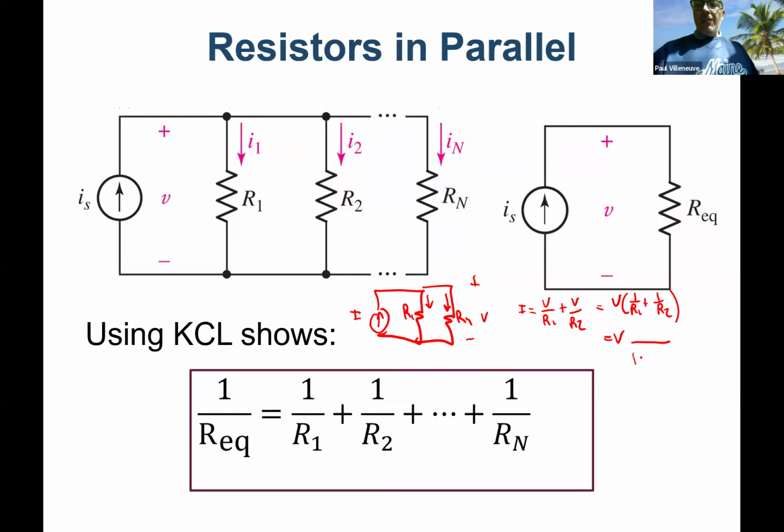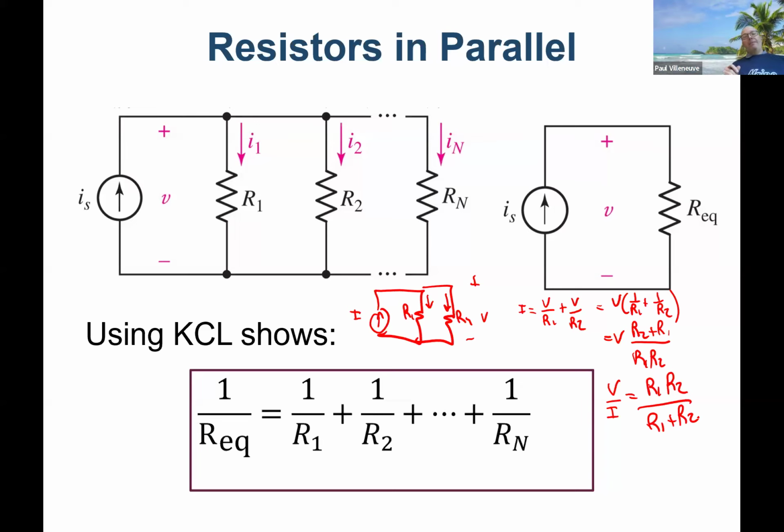Which hopefully what you see, the common denominator has to be the multiple of those, R1 and R2. And this becomes R2 plus R1, right? So now I'm looking for V divided by I, right? Which is going to be equal to R1 times R2 over R1 plus R2.